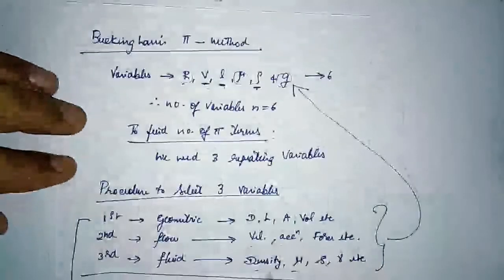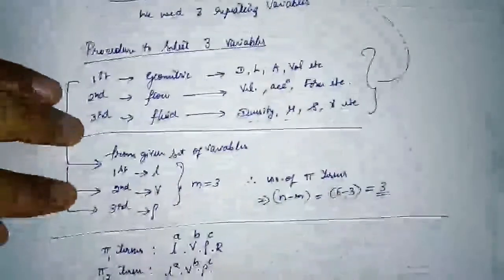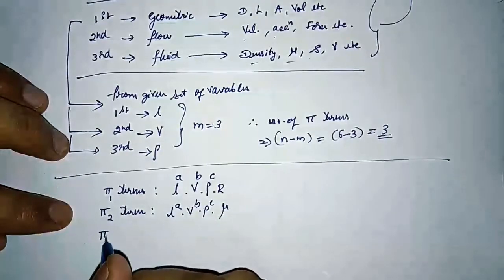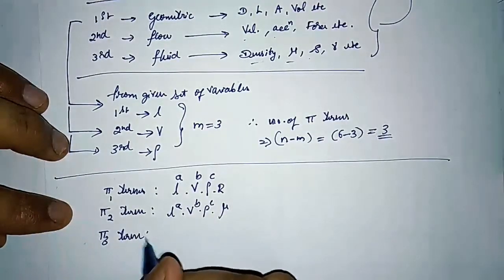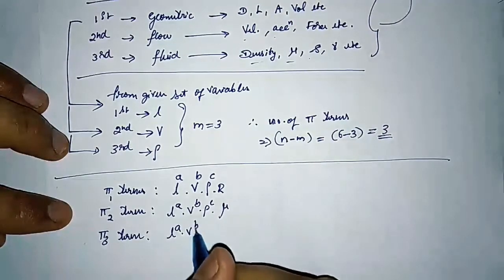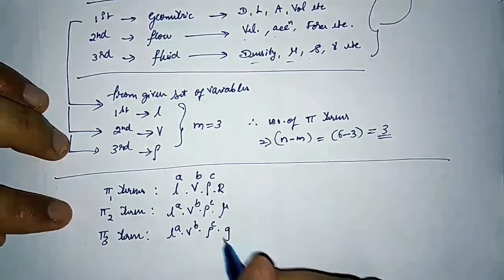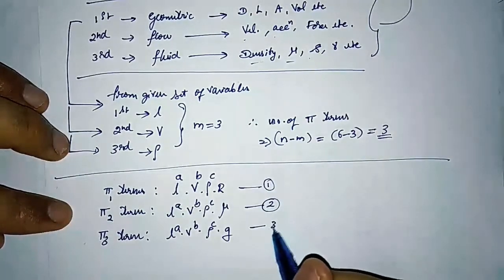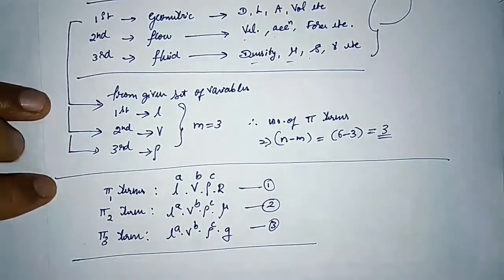And the next variable which remains in the variable set is mu. So mu is written as the last variable. For the pi 3 term, here also L, V, ρ remain as they are with the same powers, and g is the remaining variable. Now you can name all these 3 equations as 1, 2, 3.